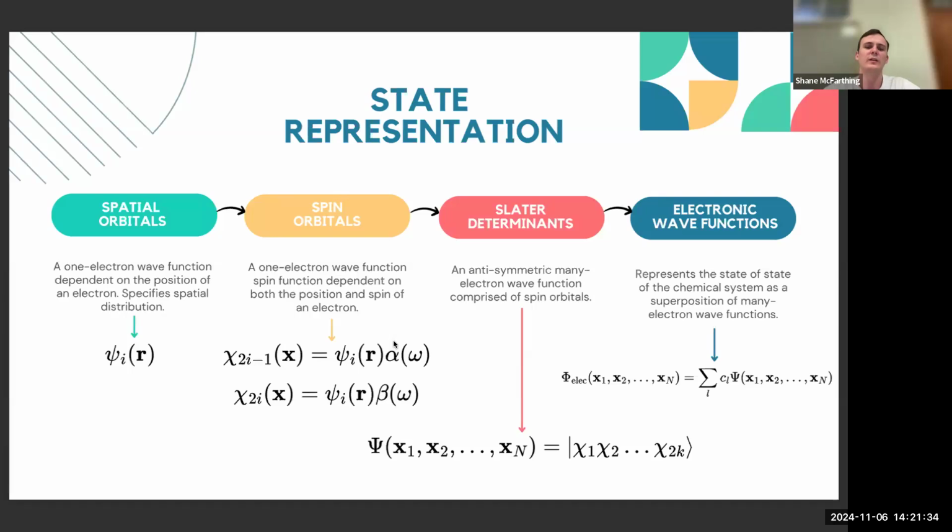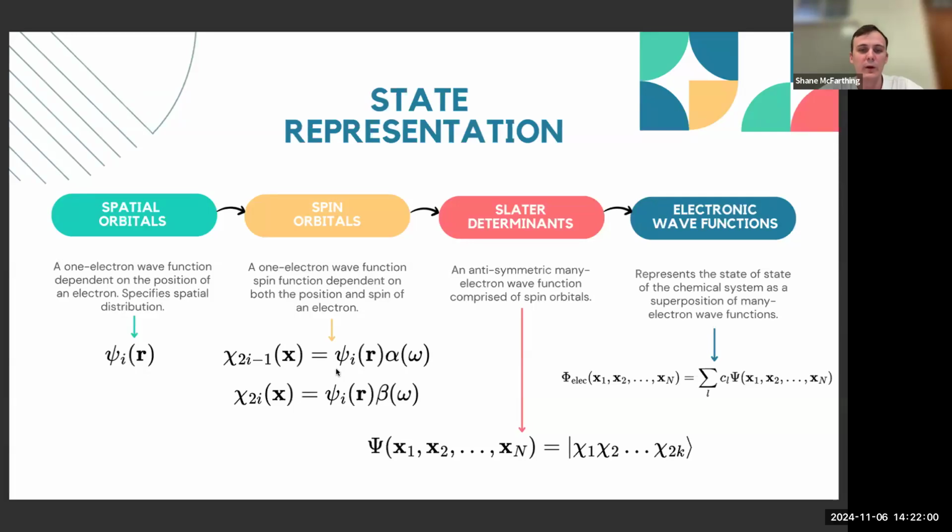And now, because the electrons have two spin modes, we get two spin orbitals for every spatial orbital that we have. So the spatial orbitals define the space, and the spin function defines the spin of the specific electron.